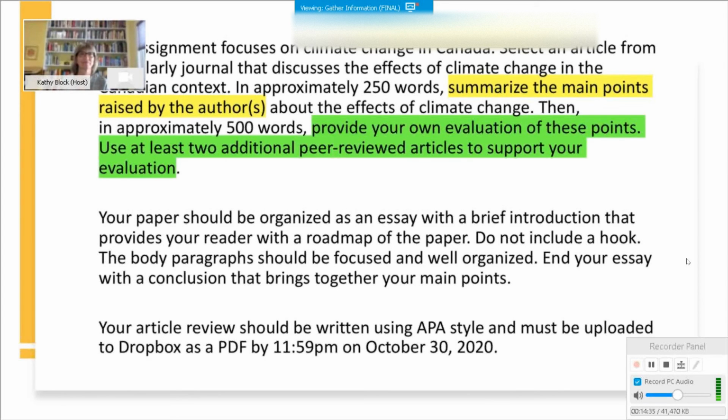So the second part of the assignment guidelines that helps guide your reading is the part highlighted here in green, asking you to provide your own evaluation of these points. Use at least 2 additional peer-reviewed articles to support your evaluation. Here you are being asked to use 2 additional sources for your reading that you will get to choose.